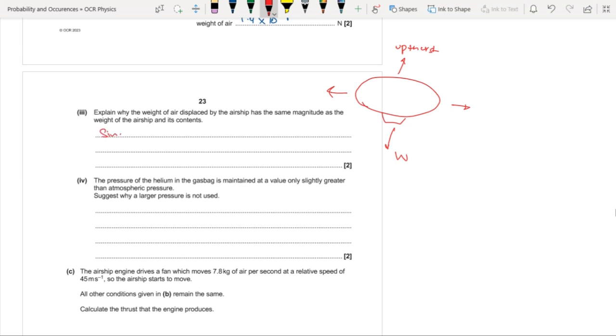Since it's in equilibrium, the net force should be 0. That's why weight equals upthrust, or the weight of air displaced by the airship.